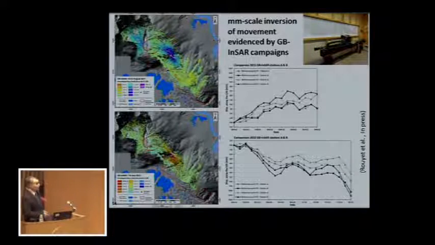But what was observed first is that in August 2011, this part was moving down. This is the distance to the radar, and then it was going back. And next year we saw in 2012, before in June, that this was moving out.